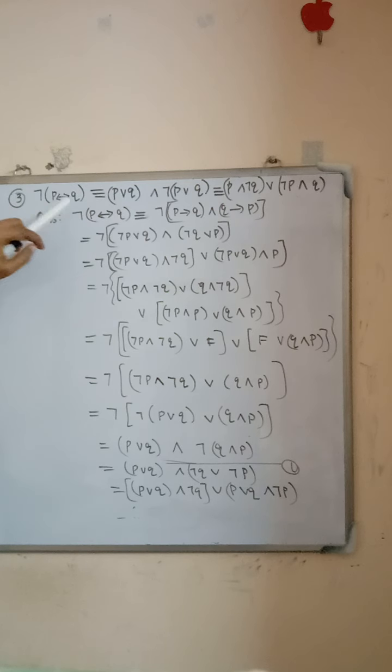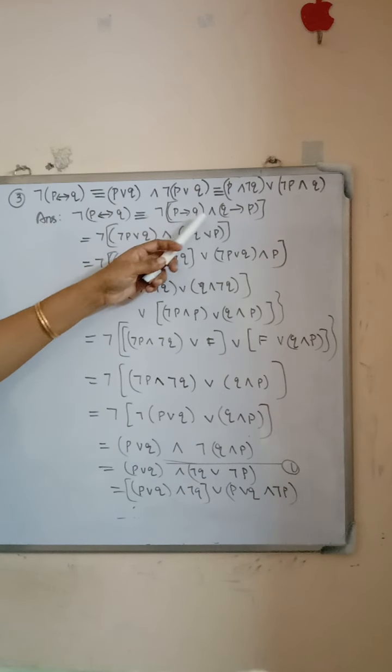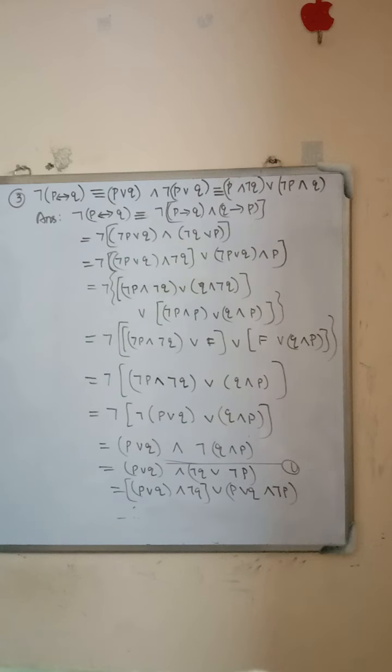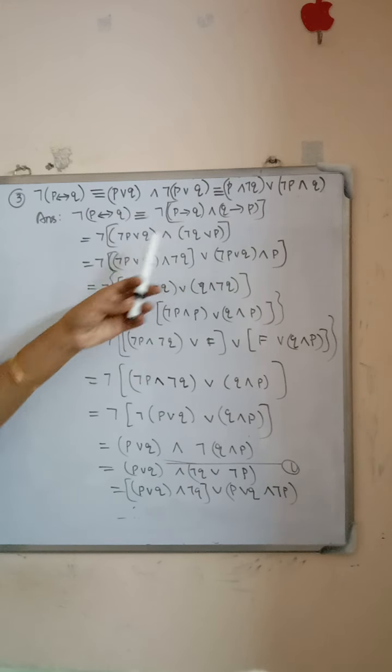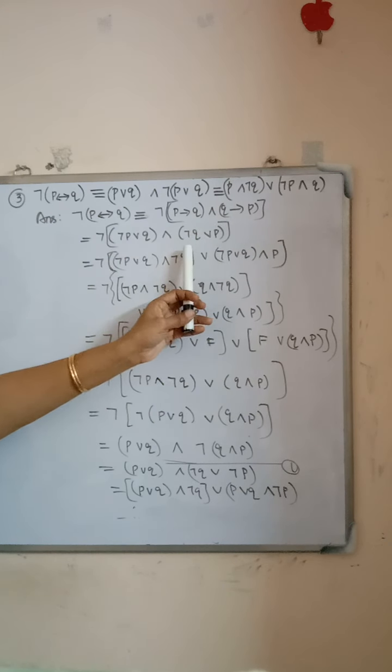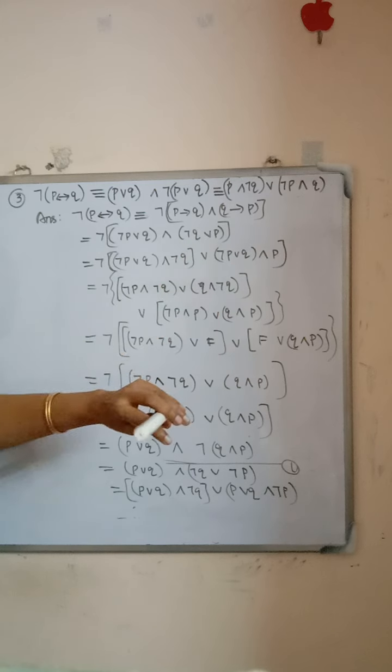Negation of P biconditional Q. We know that P biconditional Q is nothing but P conditional Q and Q conditional P. Also, P conditional Q is negation P or Q, and Q conditional P is negation Q or P.